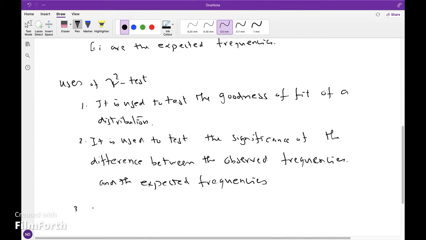Third, it is also used to test the independence of attributes.